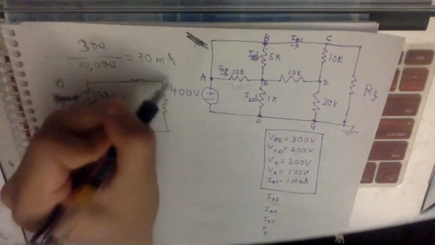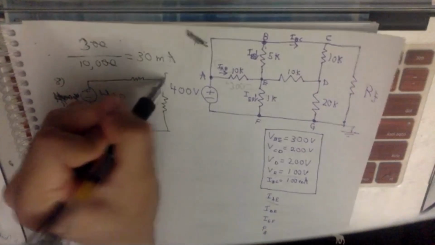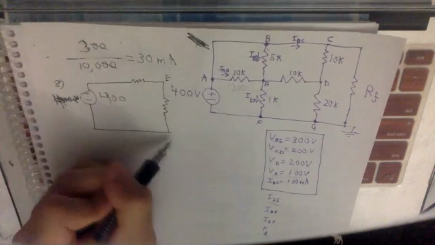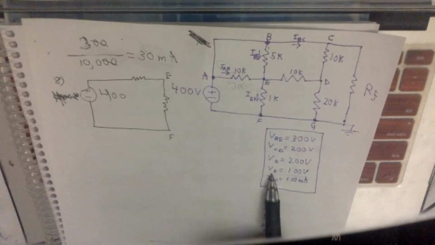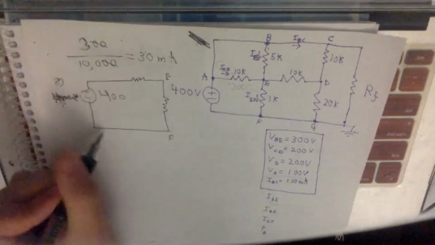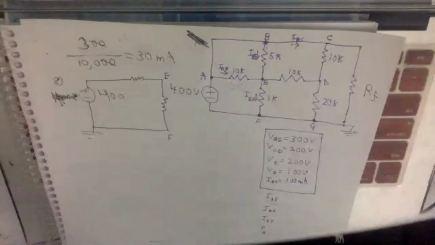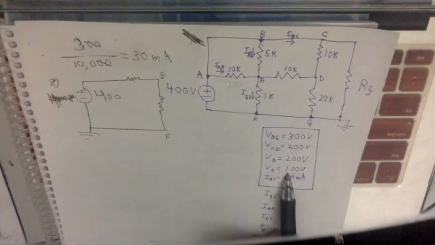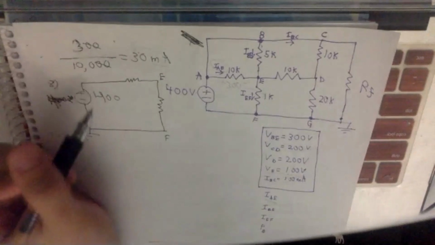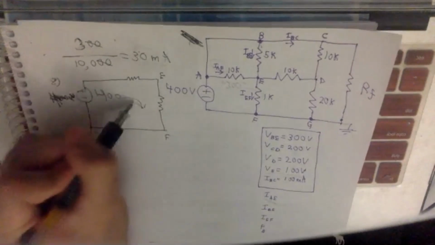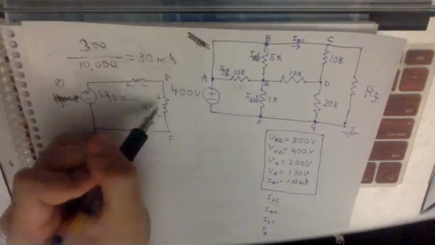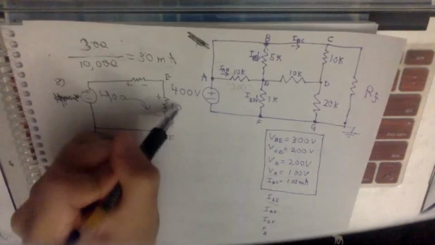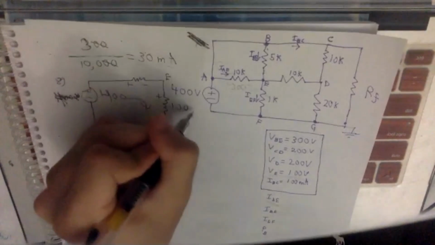We know that this is E right here, and this is F right there. It says VE is going to equal, that's ground, VE is going to equal 100 volts. So positive, negative, positive, negative, this right here is going to be 100 volts.